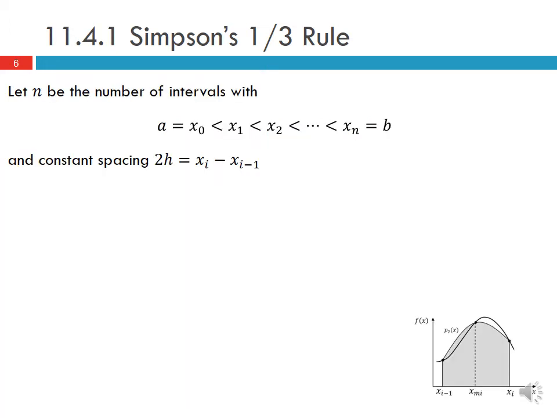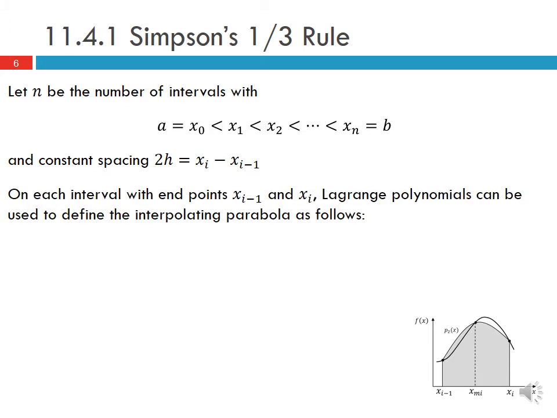So if n is the number of intervals, with a equal to x_0 up to x_n equal to b, and a constant spacing of 2h between x_i and x_{i-1}, then for each interval with endpoints x_{i-1} and x_i, a Lagrange polynomial can be used to define the interpolating parabola as follows.